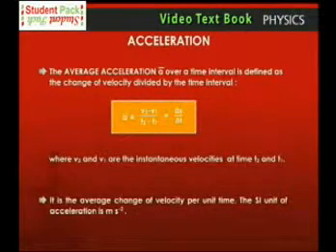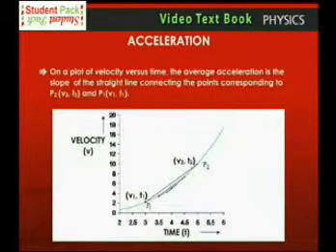It is the average change of velocity per unit time. The SI unit of acceleration is meters per second square. On a plot of velocity versus time, the average acceleration is the slope of the straight line connecting the points corresponding to (v2, t2) and (v1, t1).